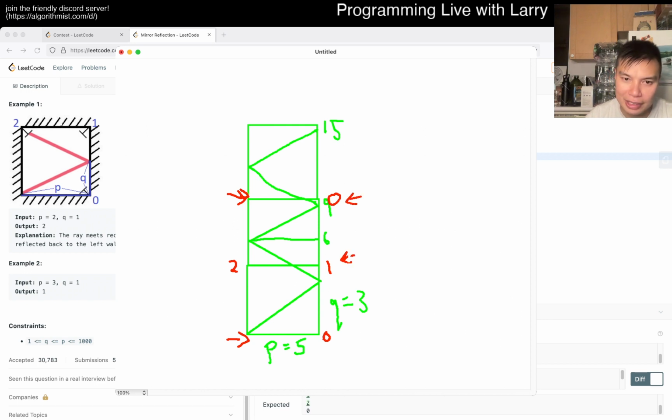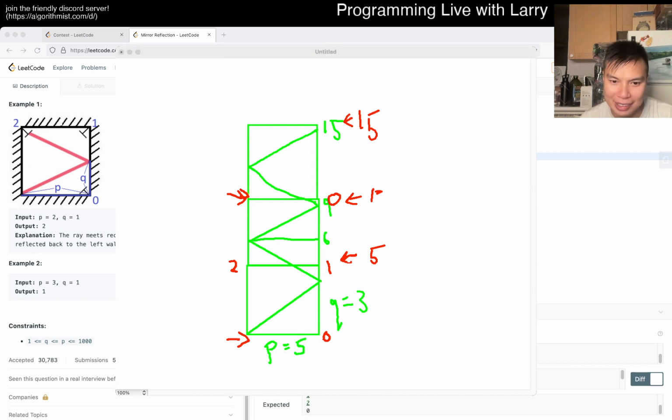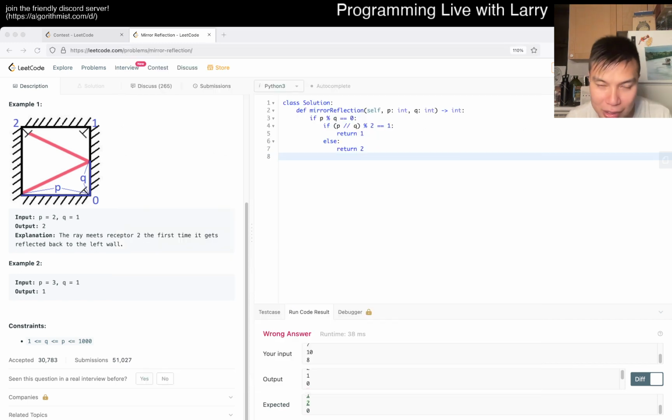This one is going to be 5, this one is going to be 10, and this is going to be 15. So we can kind of figure it out that way. I think I have a little bit better idea now, and let's get started, even though I spent a while on this one.